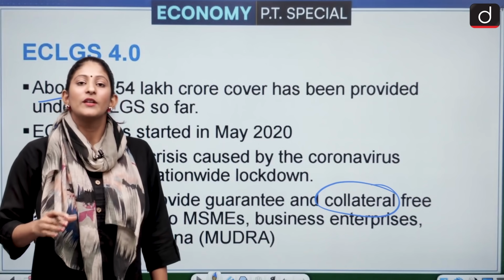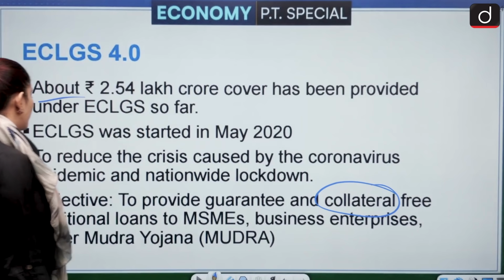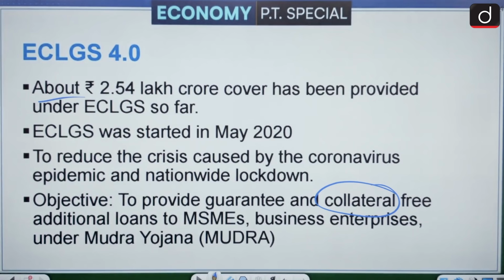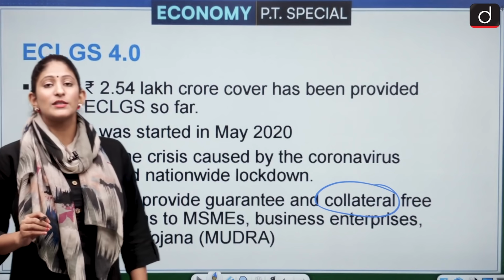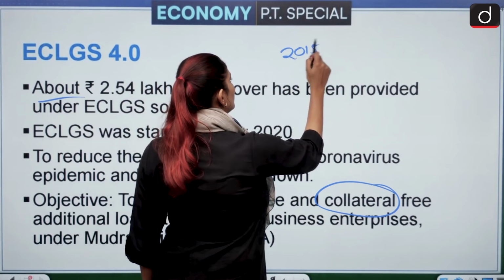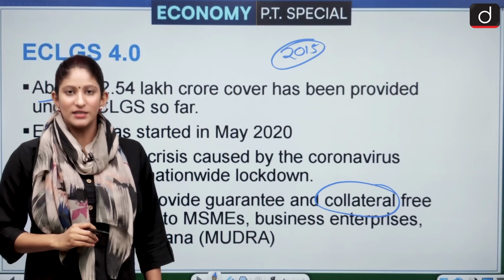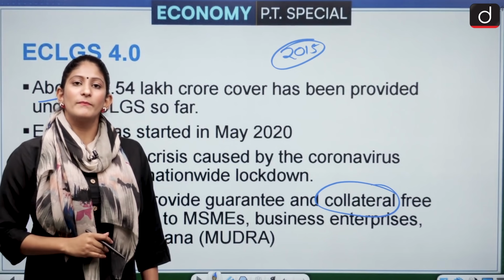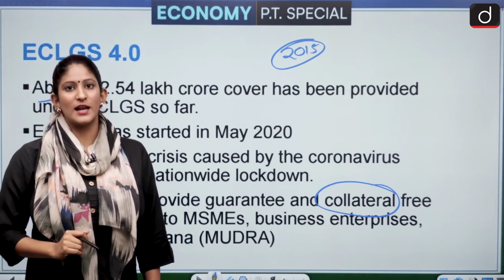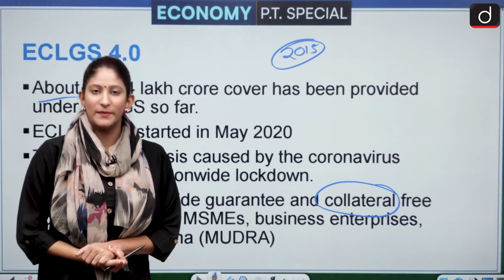Guarantee in the sense, no pledging of some kind of asset is needed. Collateral free additional loans to MSMEs, business enterprises under Mudra Yojana. Mudra Yojana was launched in the year 2015 in order to provide loans to the micro and small enterprises, non-farm and non-corporate enterprises. Okay, so we have covered so many topics so far.